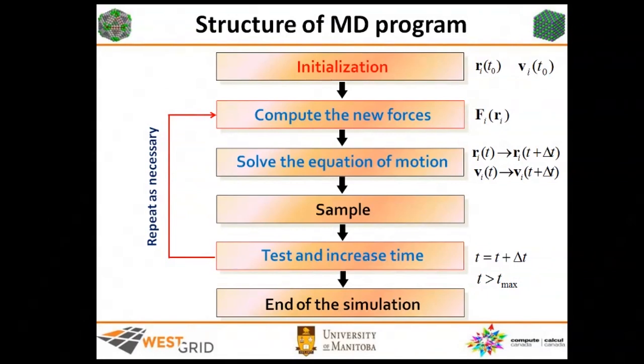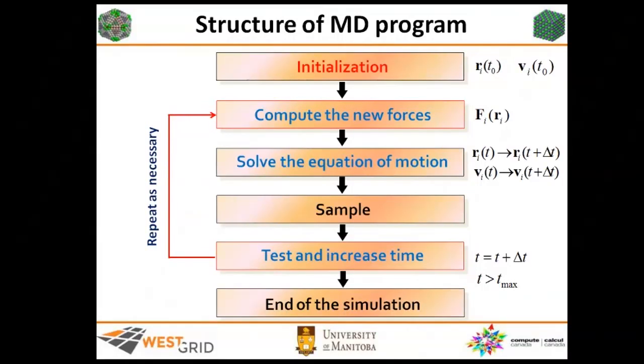In the meantime, from time to time, for example, if you run 100 steps or 200 steps, you want to sample. There are some algorithms to control, for example, temperature, pressure, and so on. This is called the sample step.